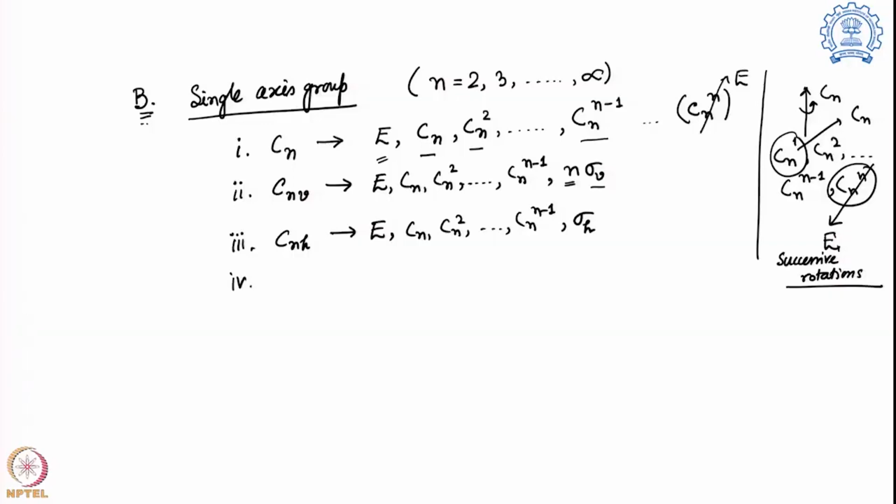So, with respect to that, we move to the next one, which is called the S2n point group. What is the S2n point group? Where you have E, S2n and goes up to S2n^(2n-1). We are writing 2n over here because this has to be an even number.